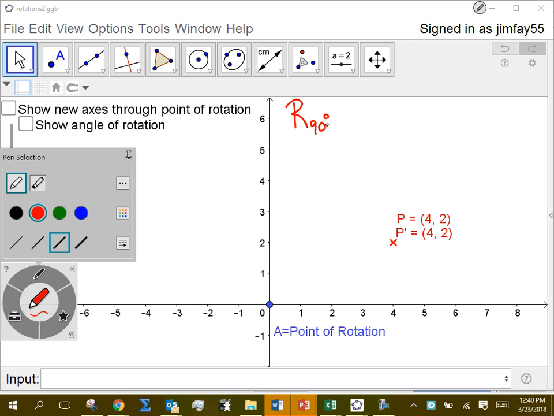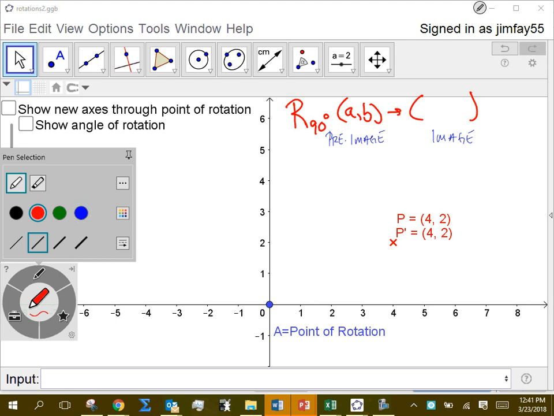Right now I'm going to try to help you develop some rules that are rotations about the origin. Sometimes they'll just put R with 90 degrees as a subscript, and then your ordered pair (a, b), and we'll write what that provides us. This is your pre-image ordered pair, and over here is your image.